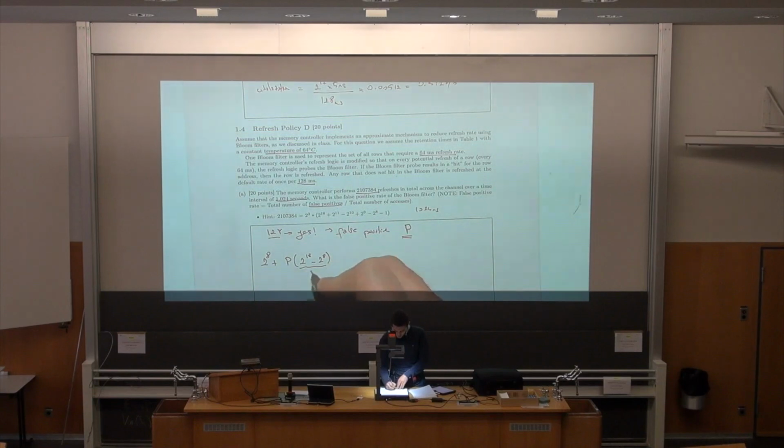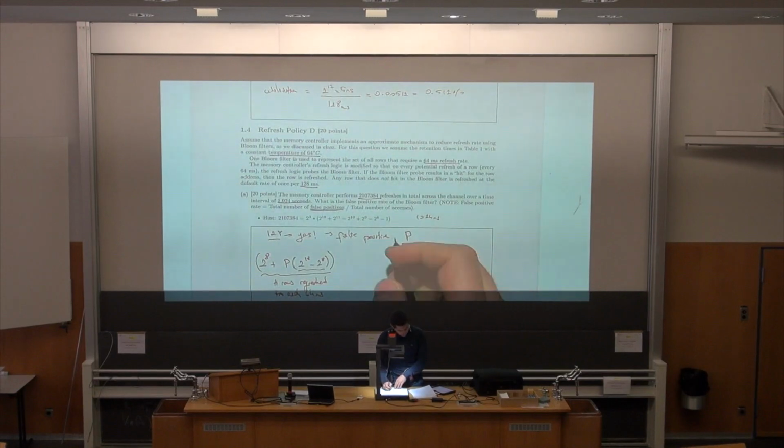Okay, so basically this is the number of rows refreshed in each, let's say, each 64 milliseconds, and this is our false rows.